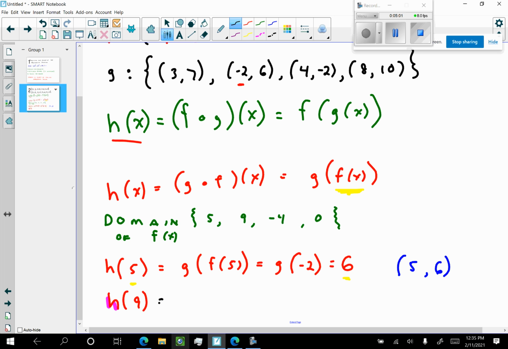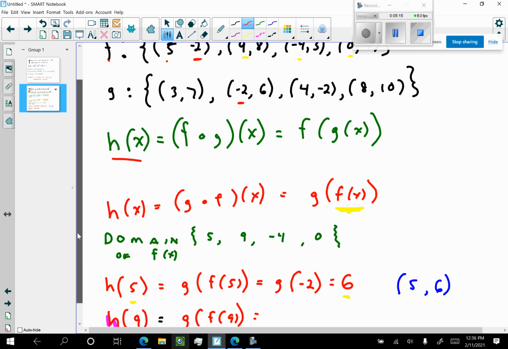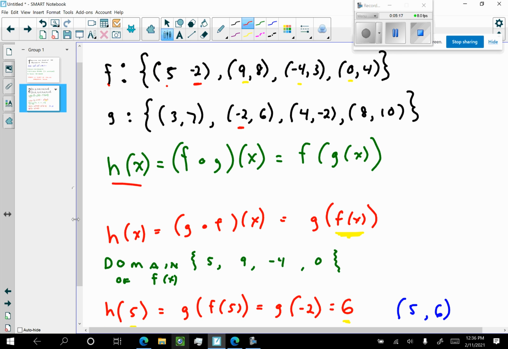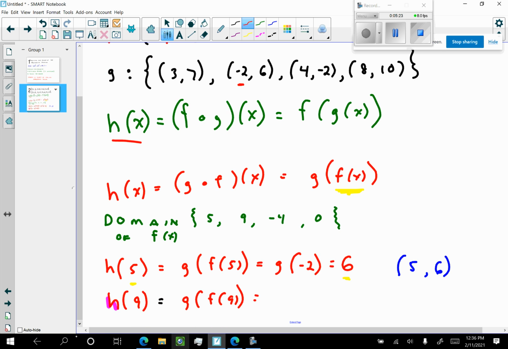And so what is h of 9 going to be? G of f of 9. Well, what is f of 9? Elena, tell me what f of 9 is. What's the output? 8. It is 8. So this then is going to be g of 8.